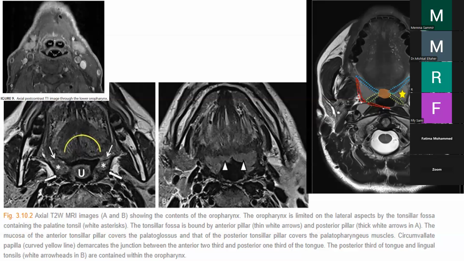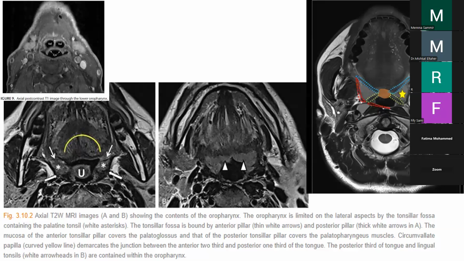So again, as you can see in the picture on the axial MRI image on the right, the blue marks the anterior tonsillar pillar, the palatoglossus, and the yellow dots mark the palatopharyngeus muscles, the posterior tonsillar pillar.